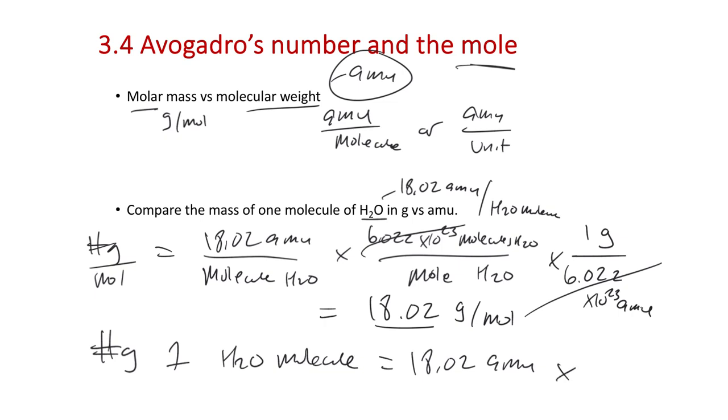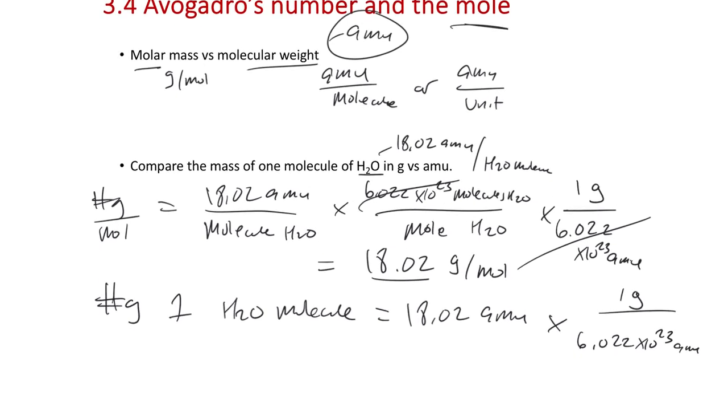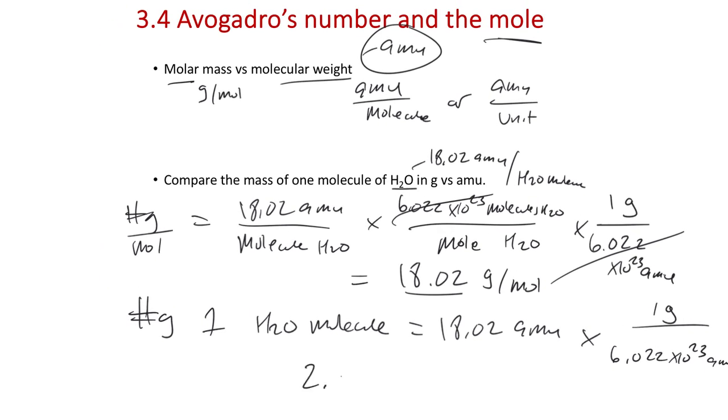This conversion is just the Avogadro's number per 1 gram. So to work out the mass of a single water molecule in grams, we do 18.02 divided by Avogadro's number, which gives about 2.99 times 10 to the minus 23 grams.